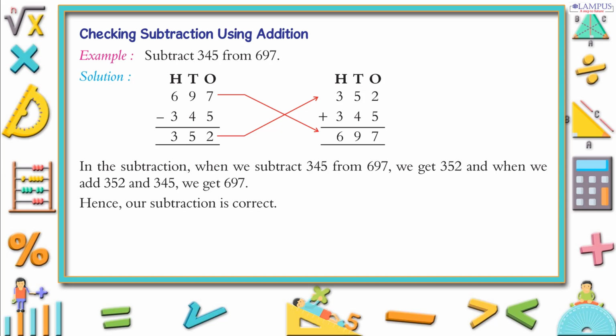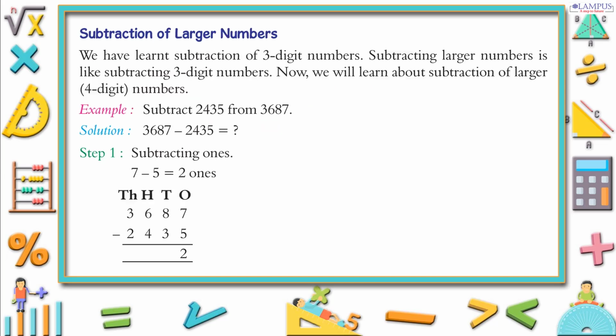In the subtraction, when we subtract 345 from 697, we get 352, and when we add 352 and 345, we get 697. Hence, our subtraction is correct.